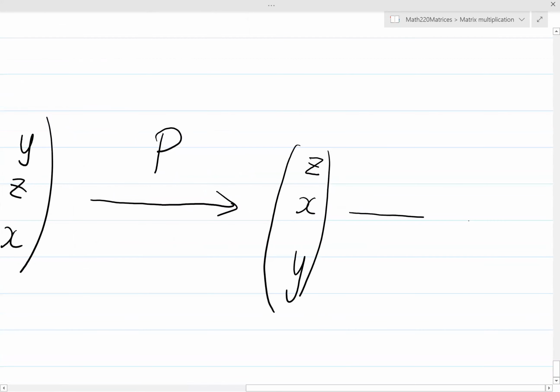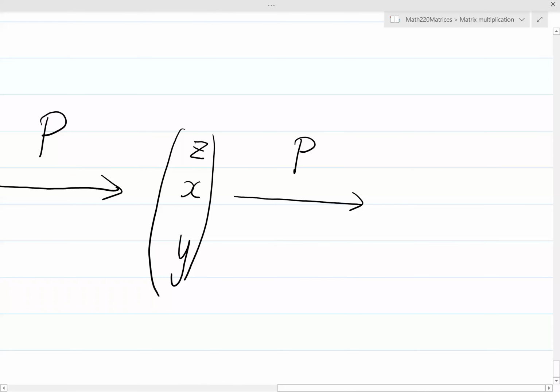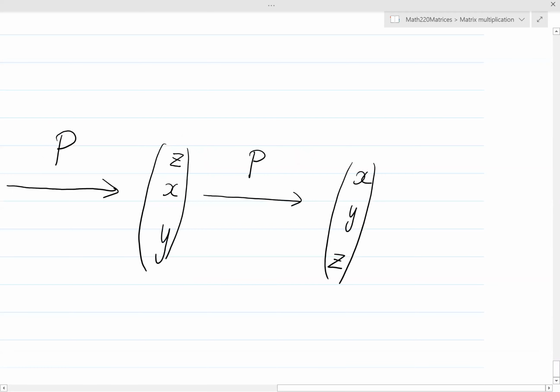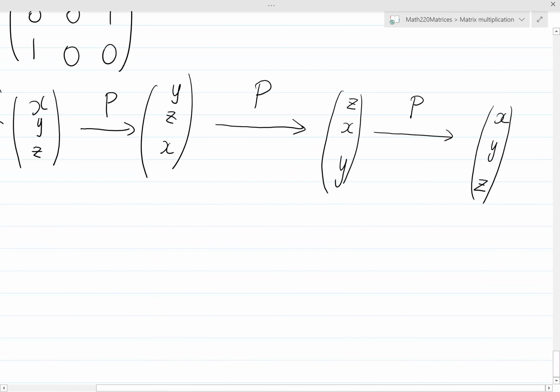And then if we apply P again, the top component Z goes to the bottom entry, and the remaining lift upward by one. You see, after three times, we recover XYZ again. You can check P times P times P is the identity matrix. No change at all if you do P three times.